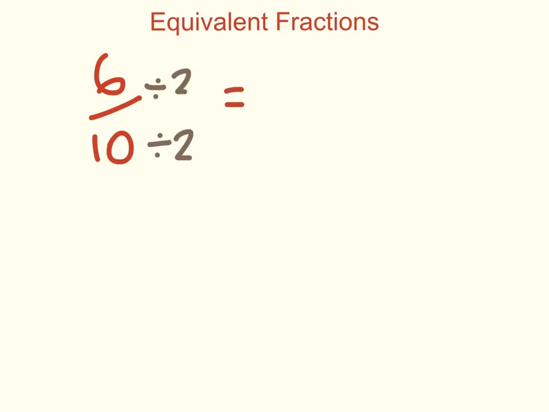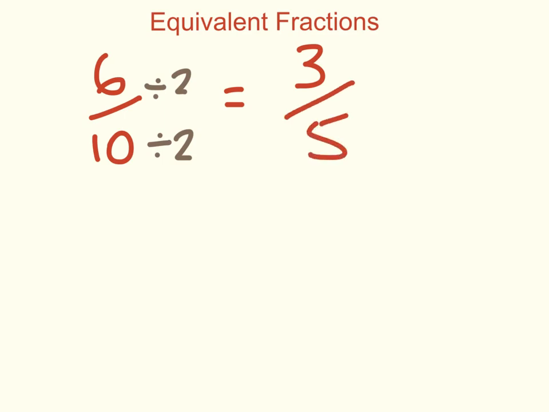You can also divide by the same number to get an equivalent fraction. If you had 6/10, they're both even numbers, so we could divide them each by 2, because even numbers can be divided by 2. 6 divided by 2 is 3, and 10 divided by 2 is 5.